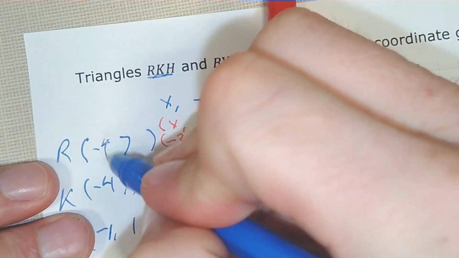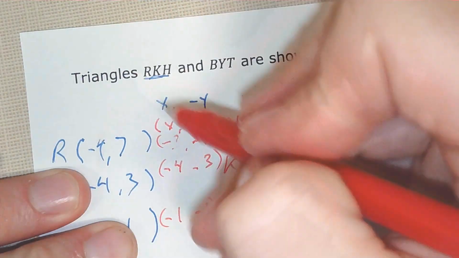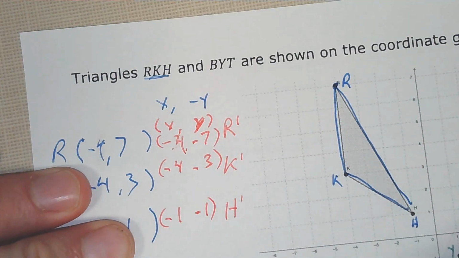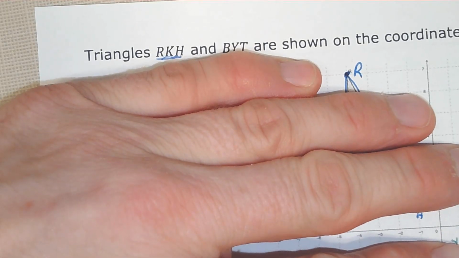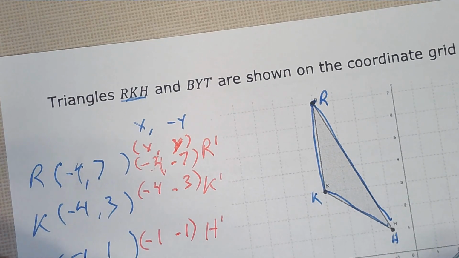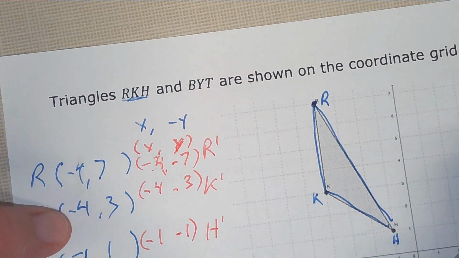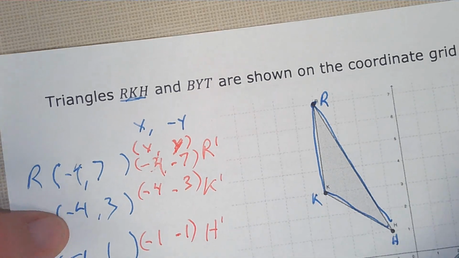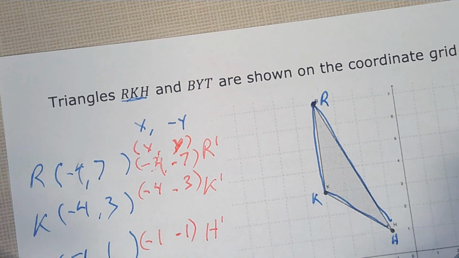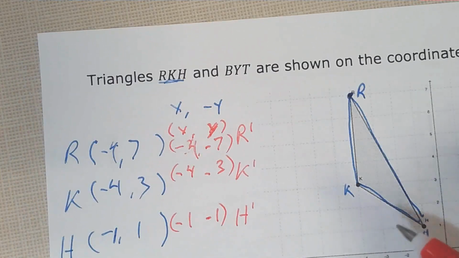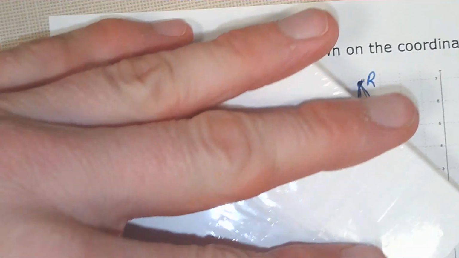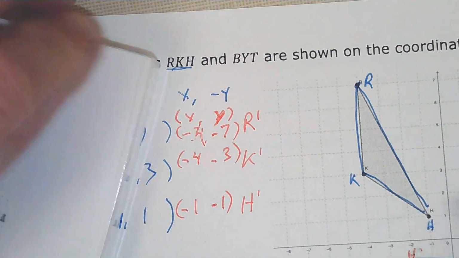This is -4. Sorry about that. This is -4, -3, so this is K prime. And then we have H, which is -1 and -1. This is H prime.